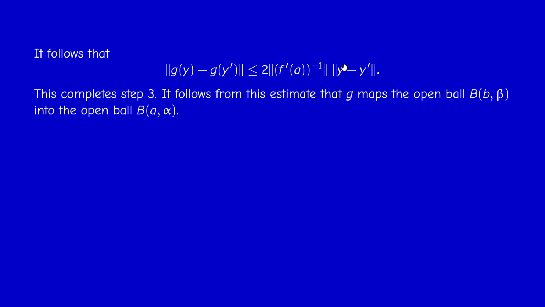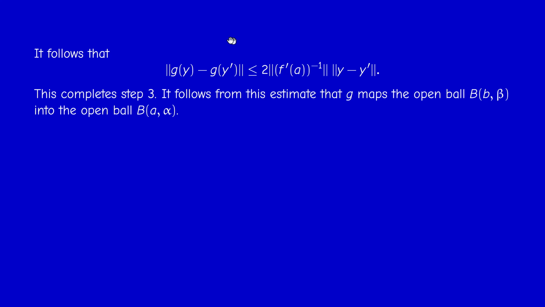Okay, so if y is in the open ball of center b and radius beta, then g of y is in the open ball of center a and radius alpha. So g has two properties. It maps the closed ball into the corresponding closed ball and the open ball into the corresponding open ball.